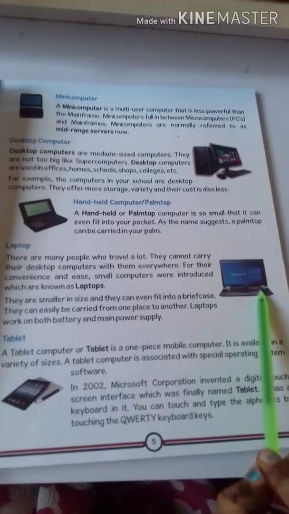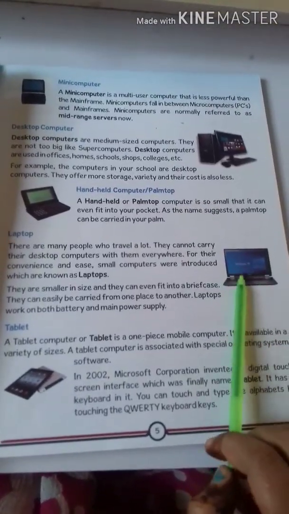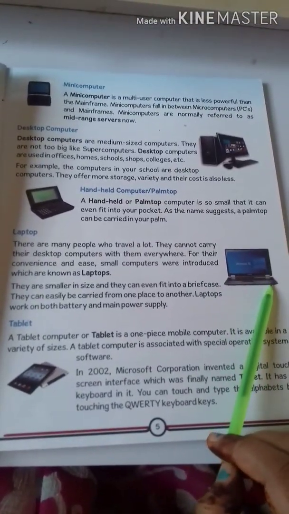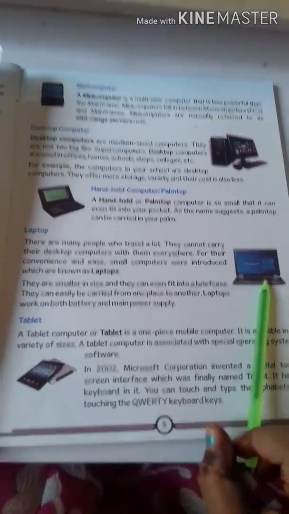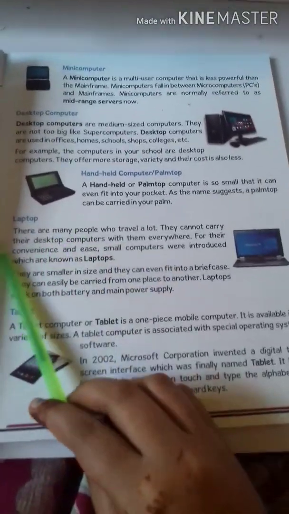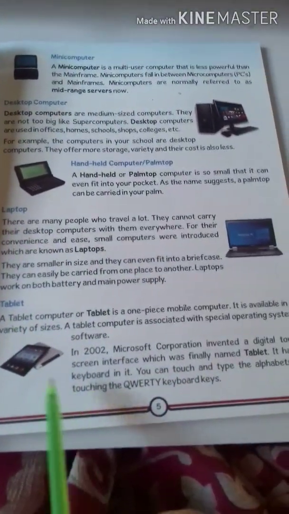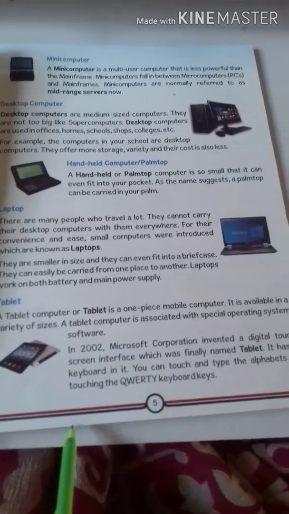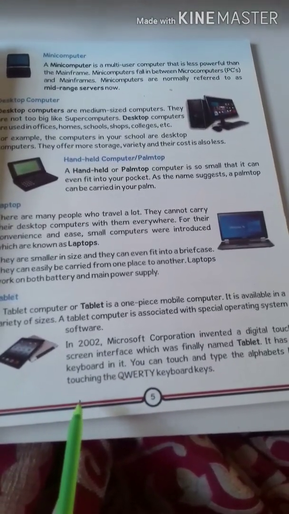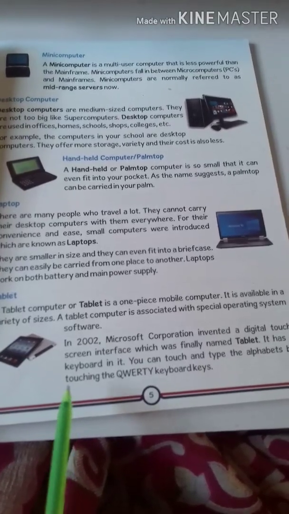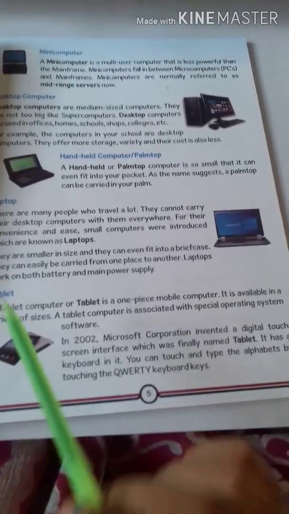Okay, and this is a laptop. We know what the meaning of computer is and what the types of computer are. Let's start with the laptop. There are many people who travel a lot. They do not carry a desktop computer with them.